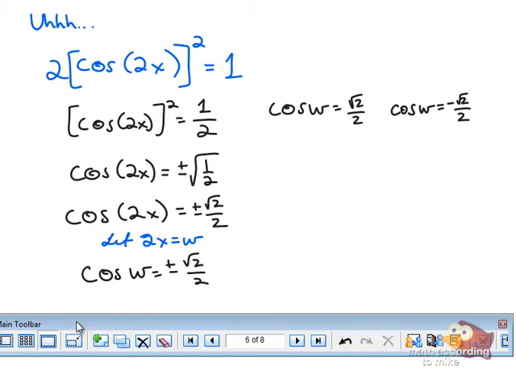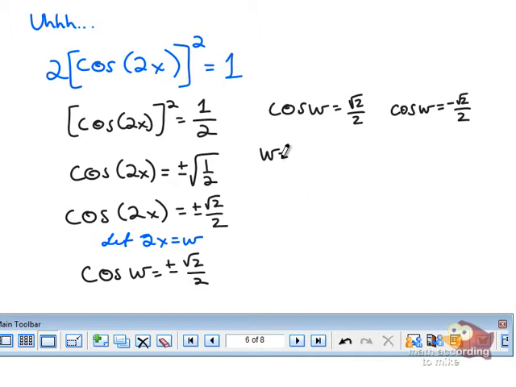For what values of w is the cosine of w positive radical 2 over 2? You know what? We're going to go radians because it's funner. You can tell me degrees, but let's do radians. They're feeling neglected this section.